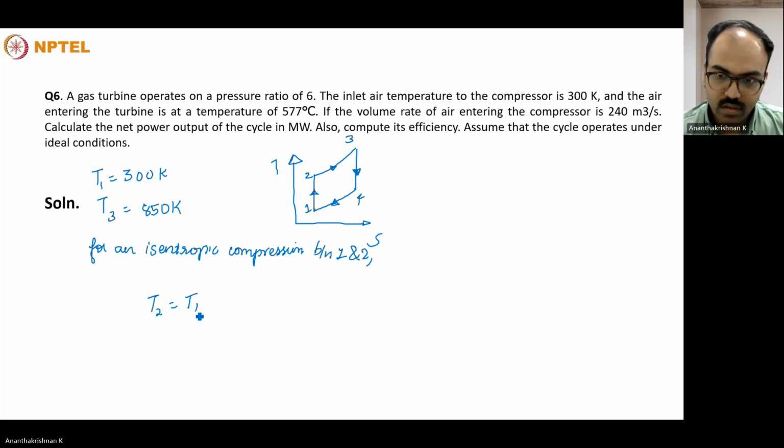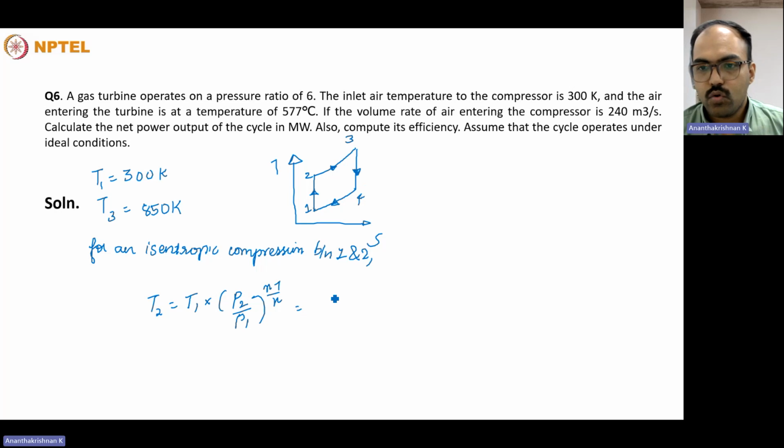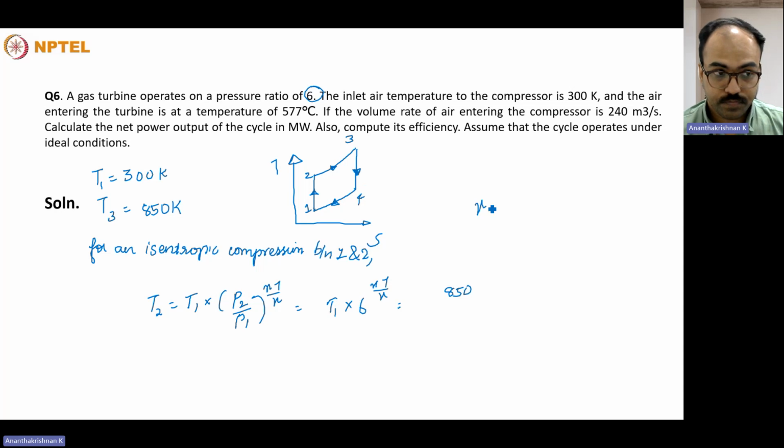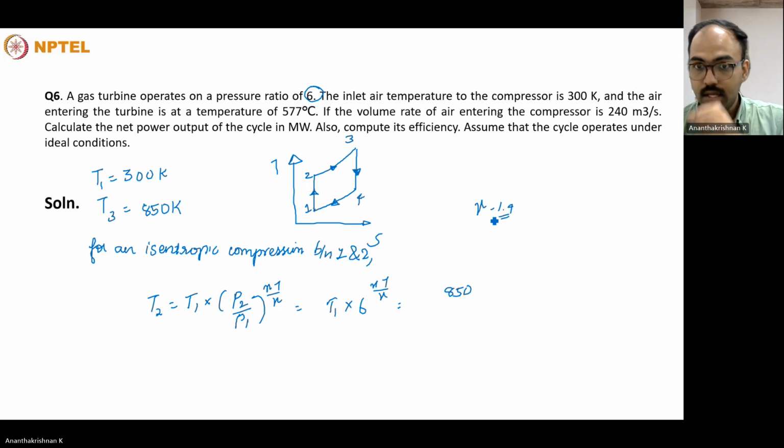So T2 is equal to T1 into (P2 by P1) raised to gamma minus 1 divided by gamma. P2 by P1 is given as a pressure ratio of 6. So T2 is T1 into 6 raised to gamma minus 1 divided by gamma. You can write gamma is equal to 1.4, as we can assume it to be air.